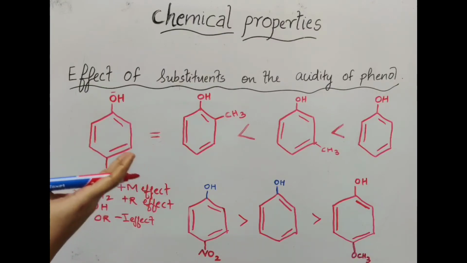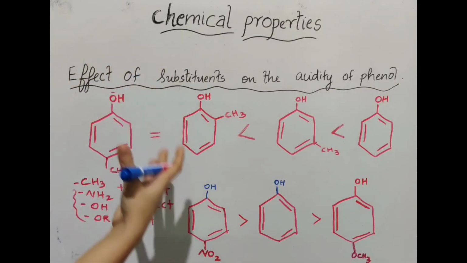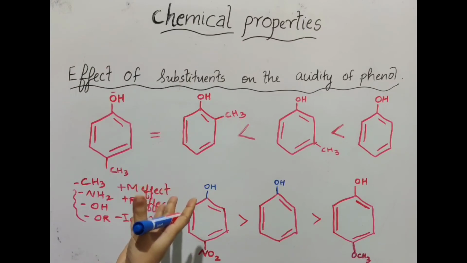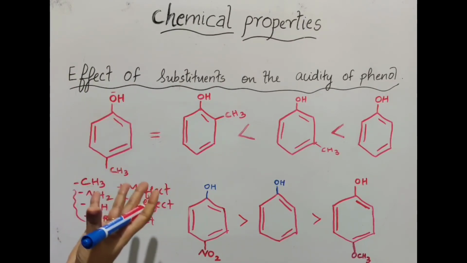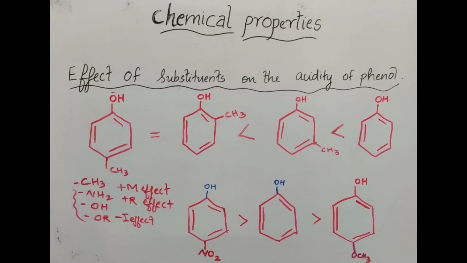So we can say that they do not favor the formation of phenoxide ion. This results in a decrease in acidic strength of such a phenol.